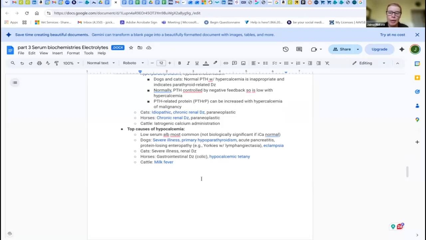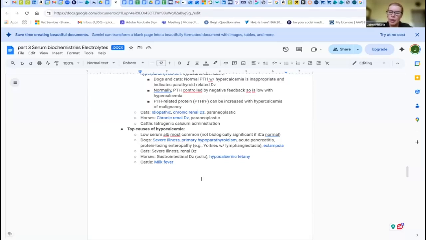But true hypocalcemia matters in issues with pancreatitis, hypoparathyroidism, eclampsia, PLE, colic in horses, and milk fever in cattle. This can all trigger hypocalcemia.